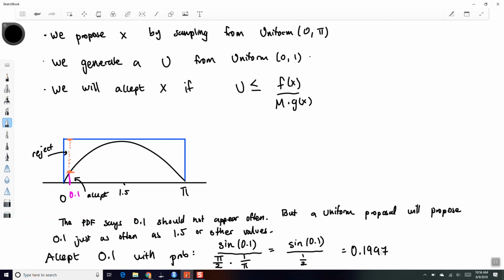The other darts we throw away, and thus we will get darts that follow the distribution of the PDF rather than those that follow the uniform distribution. Does that make sense?